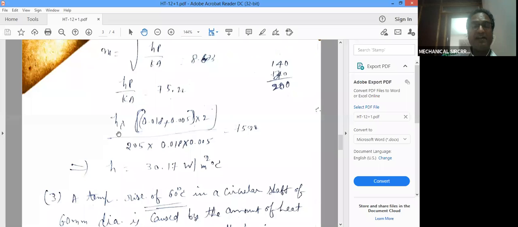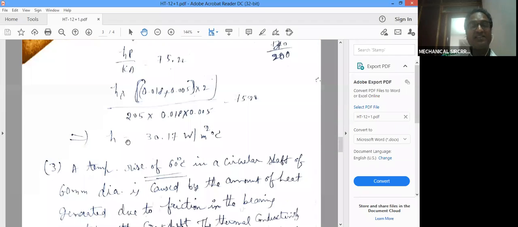This is divided by K, 205, times the cross-section area, B into T, that is 0.018 into 0.005. So from this the only unknown value H can be calculated. From this relation, H, the convective transfer coefficient, is 30.17 watt per meter square Kelvin.